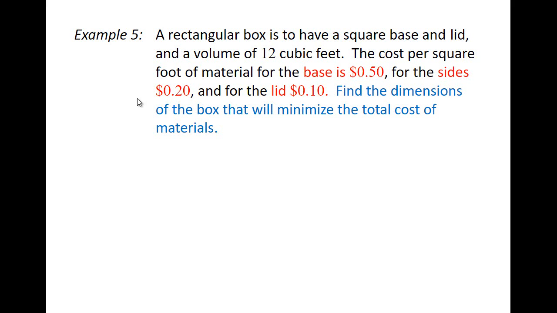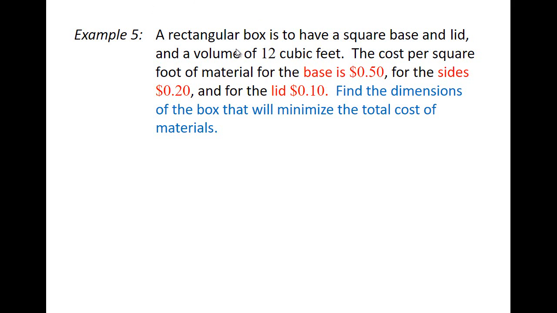Okay, so as usual, you should be reading this statement a couple of times to make sure that you understand what is given and what is being asked. So here we are given that we have to build a box with 12 cubic feet of volume. That's requirement 1.